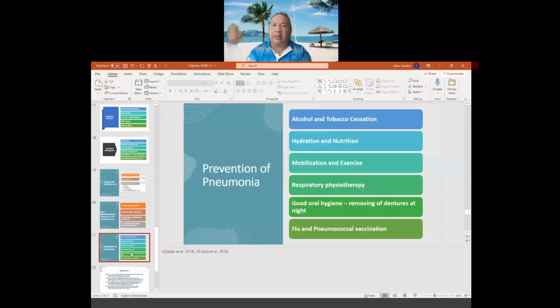Most of our residents are more than 60 years of age, and again, their immune system is not that good. So we need some reinforcement, like the vaccine to prevent flu and pneumonia, because if the resident develops flu, it could result in pneumonia as well. So again, these are your ways to prevent pneumonia.